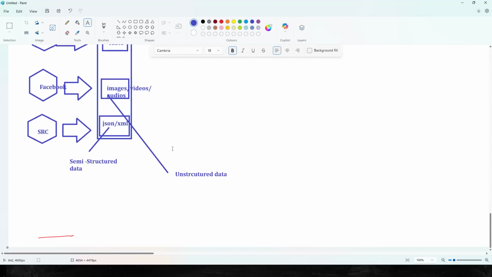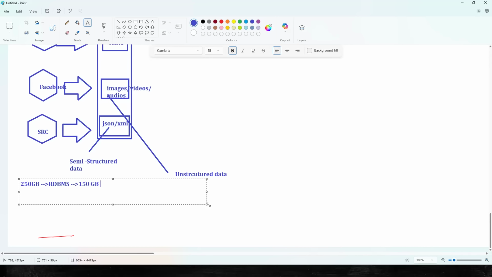Sir, how can I process it? Suppose the data generation speed is 250 GB every hour. Just I'm giving an example, not a lot of complexity. It is generating 250 GB. My traditional RDBMS is processing only at a speed of 150 GB.